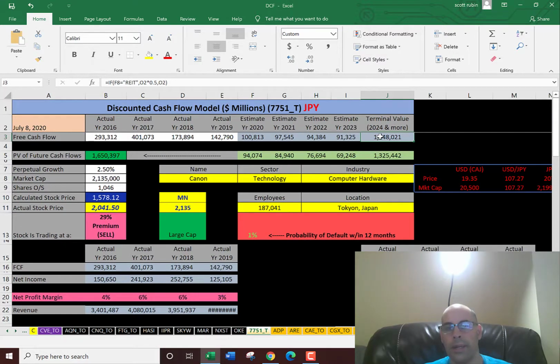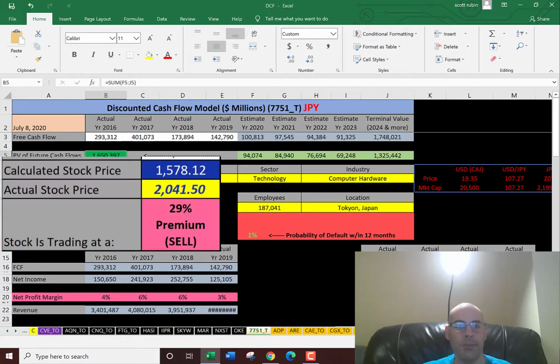We also did a terminal value, which is all years past year 4. We discounted those numbers back to today, and we get a value of the company of 1.65 trillion yen. We divide that by 1 billion shares, and we get an intrinsic stock price of 1,578.